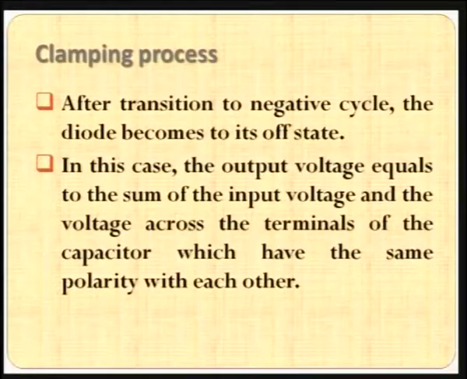Let us have a look at the diagram once again. After transition to negative cycle, the diode goes to its off state. In this case, the output voltage equals the sum of the input voltage and the voltage across the terminals of the capacitor, which have the same polarity with each other right now.